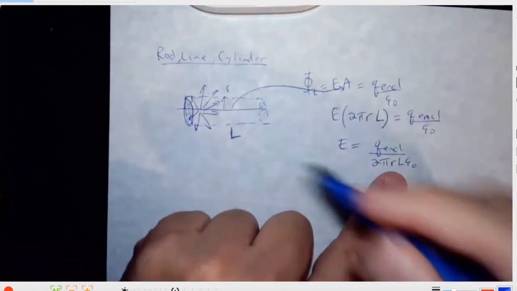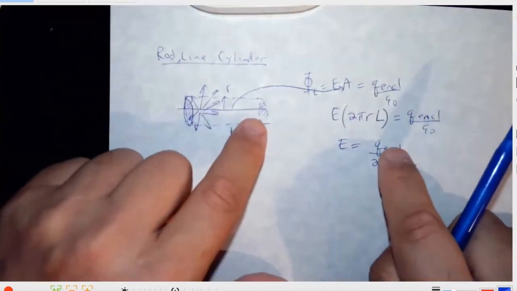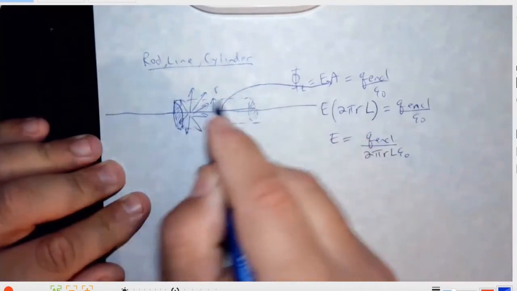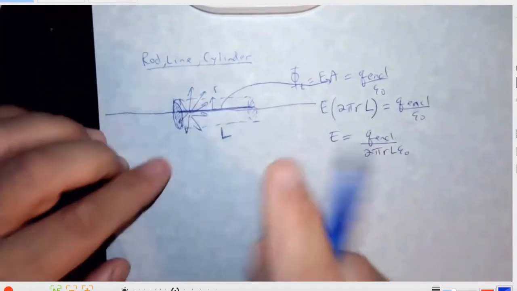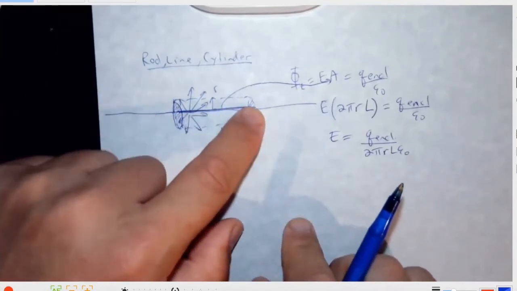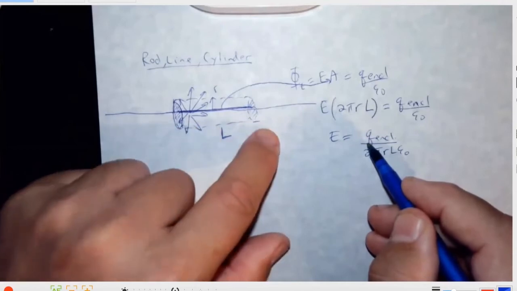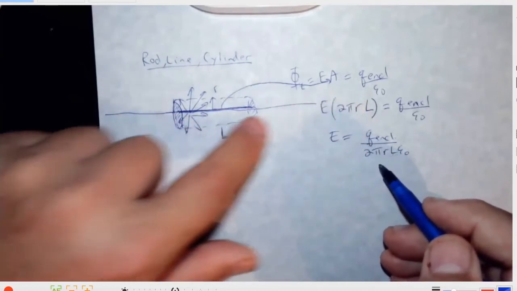So what is L? L is the length of my Gaussian cylinder. Q enclosed is the charge. See, the rod could be this long, but Q enclosed is the charge enclosed within the dimensions of the cylinder. You see, Q enclosed divided by that, well, that gives you the linear charge density of the rod along the rod.